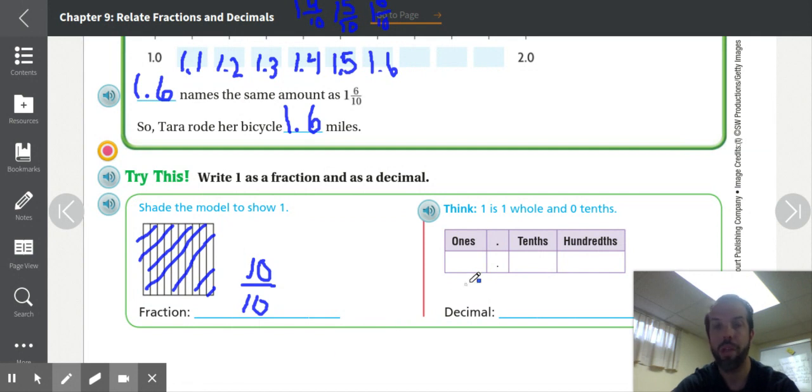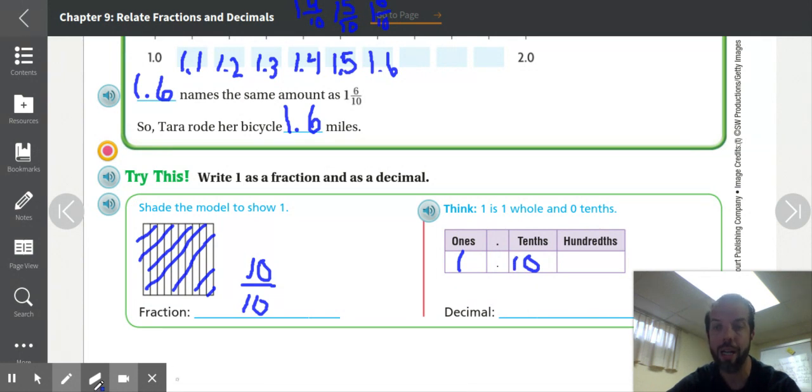Well, that's interesting. If I have 10 tenths, that's going to equal 1 whole. So I just write 1 in my ones place, and then what goes in my tenths? 0. Some people want to put a 10 here.